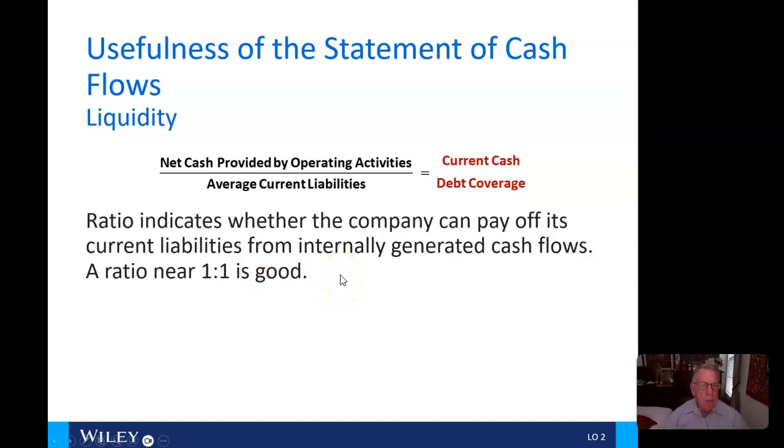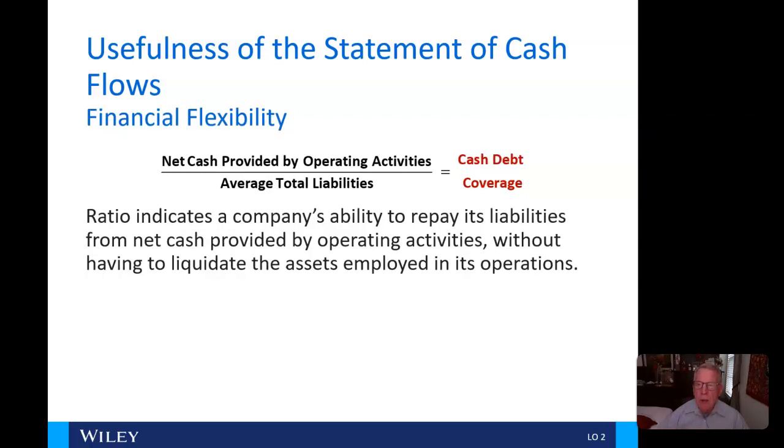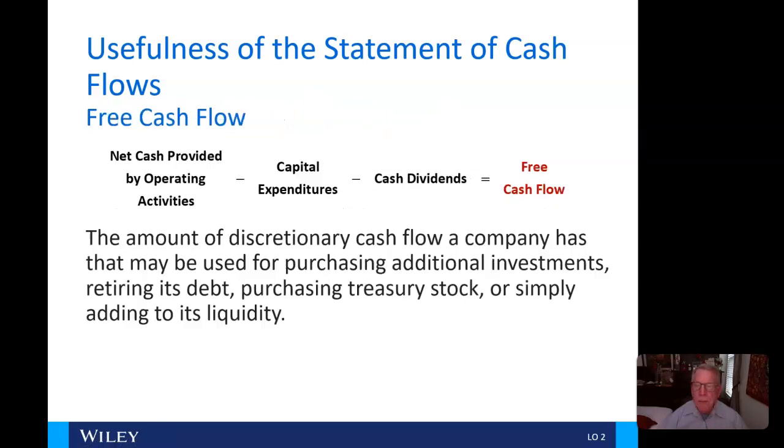That indicates that the company can pay off its current liabilities from its internally generated cash flows. That ratio indicates a company's ability to repay its liabilities from the net cash provided from operating activities without having to liquidate the assets that we employ, selling our seed corn, if you will. It is providing here a measurement of financial flexibility, really important.